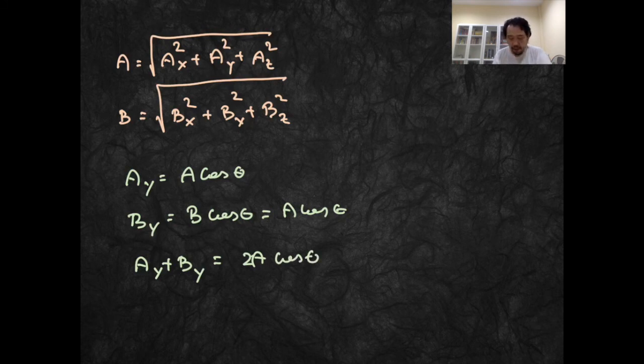But we know that AY plus BY is equal to 6 because we say that A plus B is equal to 6j, and AY plus BY is the component of A plus B along the y-axis. We also know that A is equal to 5.